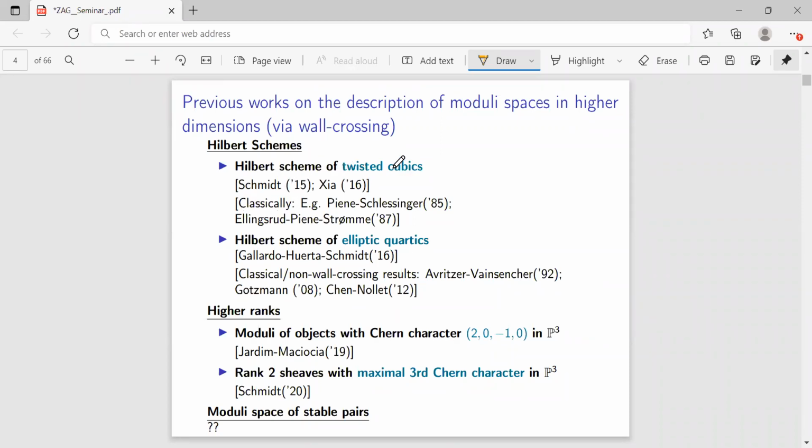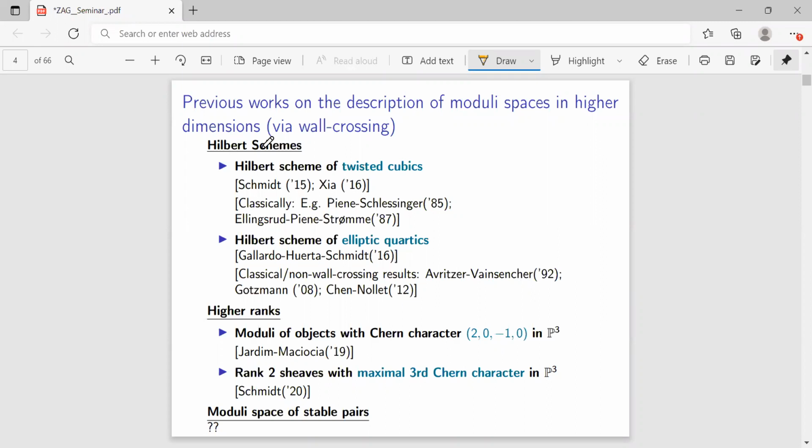But there are also classical results on this, given for example by Piene and Schlessinger, and also by Ellingsrud, Piene, and Strømme. For the Hilbert scheme of elliptic quartics, the wall crossing was given by Gallardo, Huerta, and Benjamin Schmidt. Also, there are some classical, non-wall-crossing results on these elliptic quartics, given by Vainsencher and Avritzer, and also by Gotzmann, and more recently by Chen and Nollet.